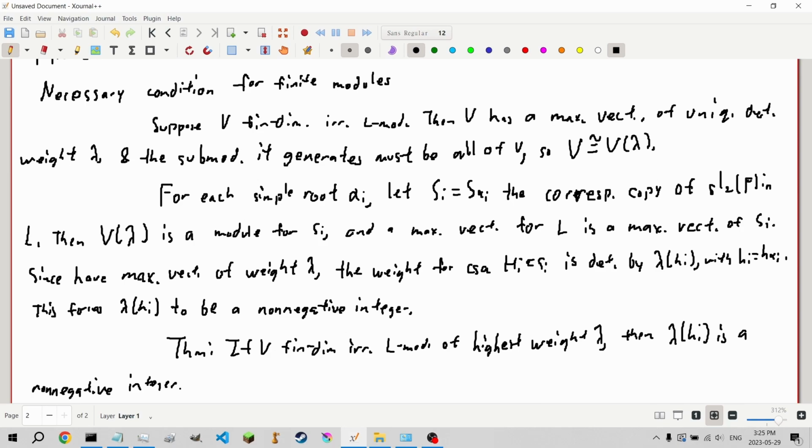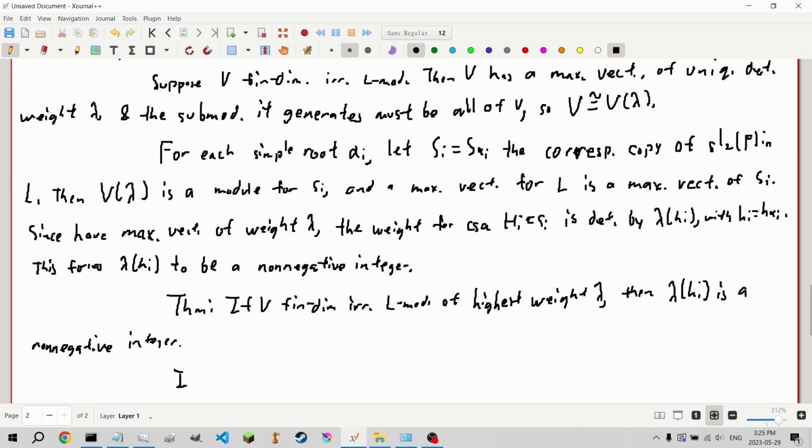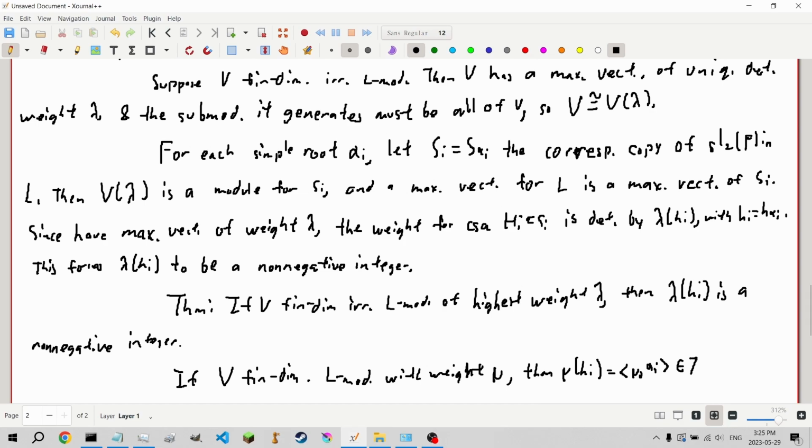It follows from our previous results that if V is a finite dimensional L module with a weight mu, then mu of Hi is the angle bracket of mu and alpha i in the integers.